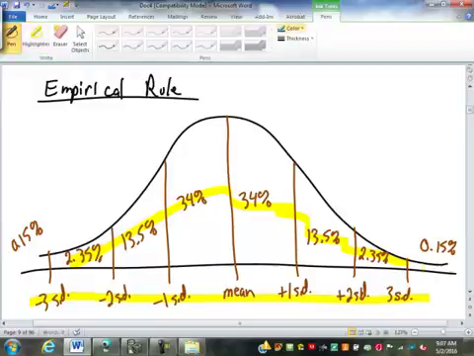So what do I mean about that? Well, let's say that we're looking at the height of your high school graduating. We're going to go with male just because there is a difference in height.